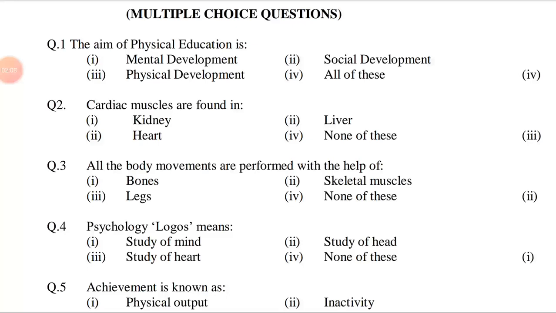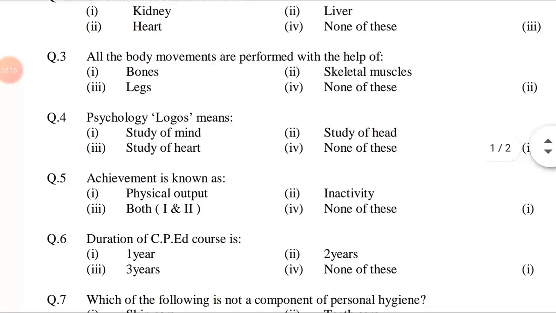Answer is option first study of mind. Question number 5. Achievement is known as option first physical output, second inactivity, third both first option and second, fourth none of these. Answer is option first physical output.